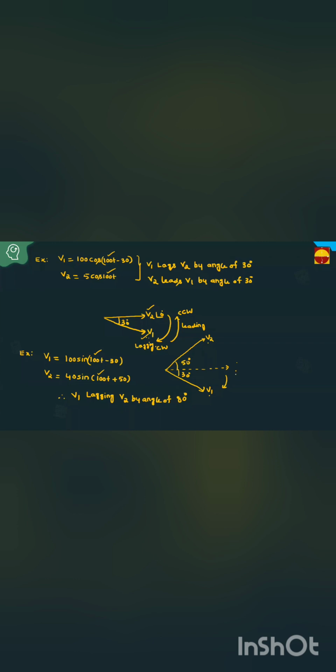If you measure like this, V2 leads V1 by an angle of 80 degrees. Both statements are correct. This is clockwise, this is counterclockwise, that is the anti-clockwise direction. Like this, you have to compare.